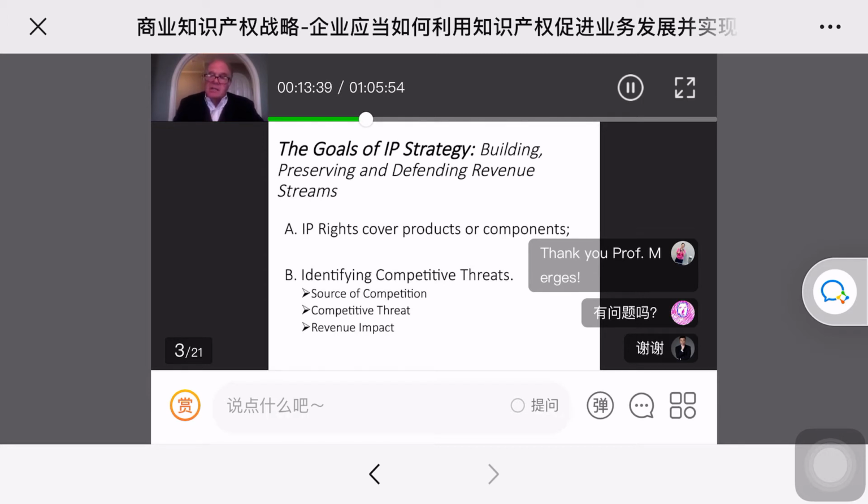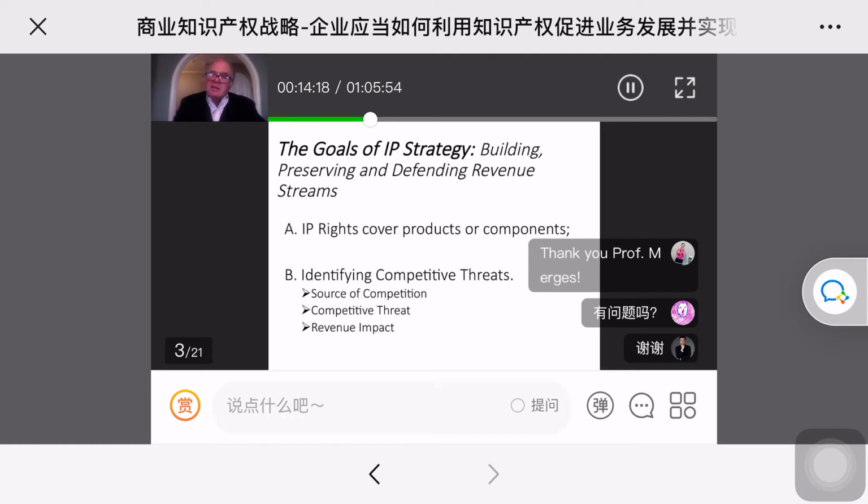Especially for big companies with established products, this is a very important function of intellectual property, because any big company with substantial sales is very likely to become a target for new entrants and competitors who would like to take a slice out of the big company's revenue. So intellectual property is often used by big companies to defend what they already have and to protect it.